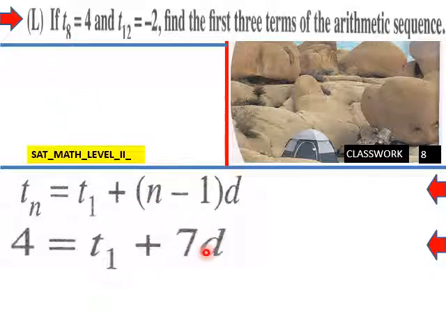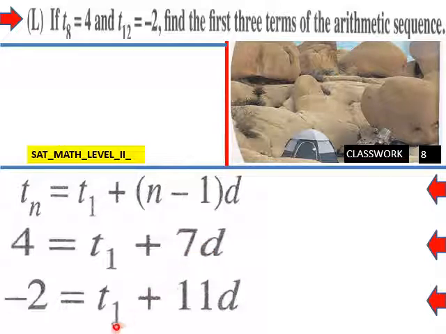So we need to find our d in this case, and we're going to start solving for d.